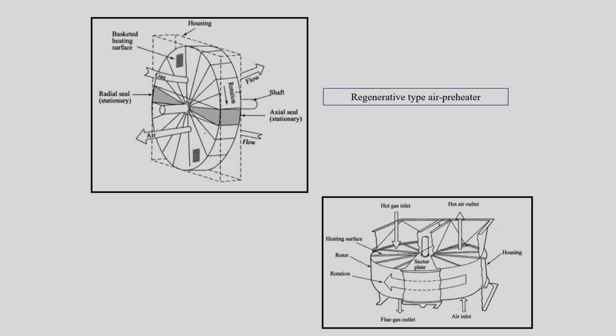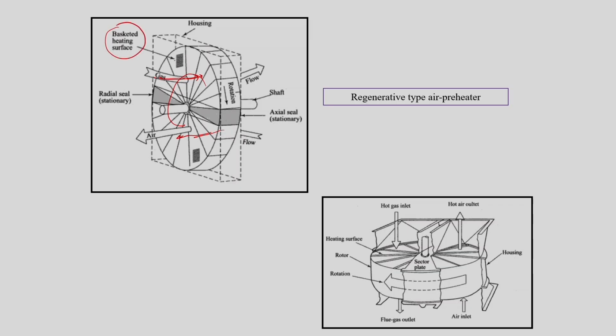And then we can see over here that there is air coming from here, and flue gas going from here. When the flue gas goes through, this matrix will get heated, and once it comes around, when air passes, these surfaces will heat the air. So, this is what we call the basketed heating surface.